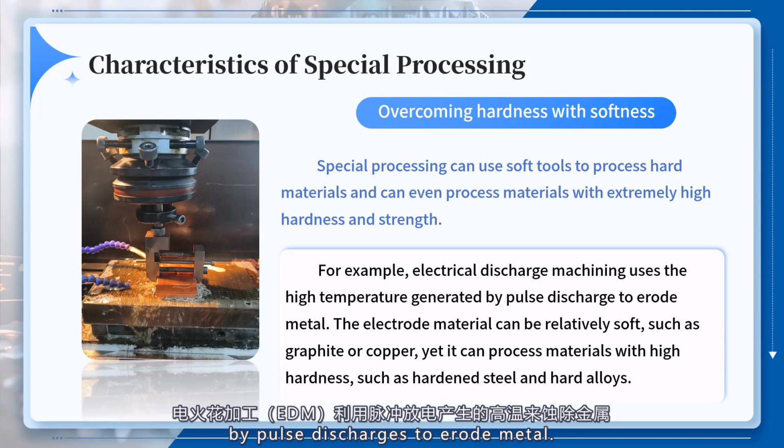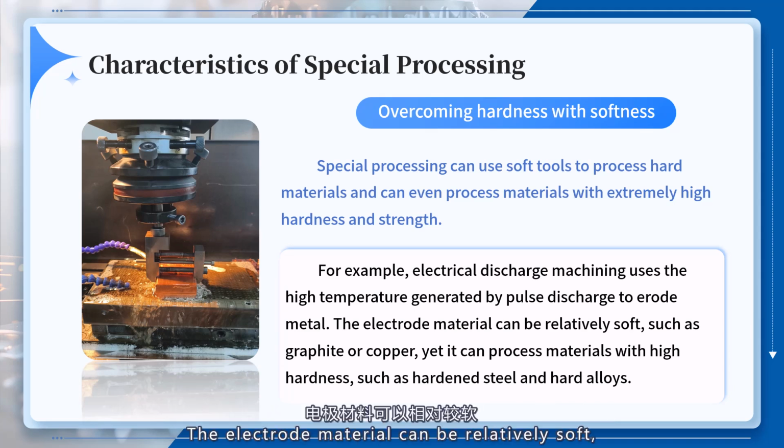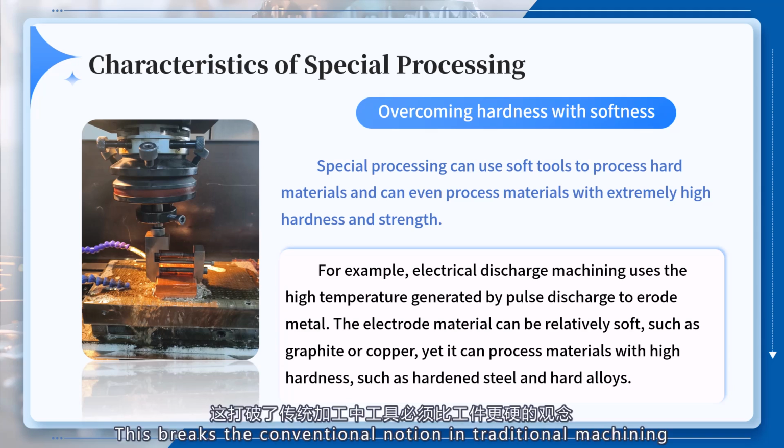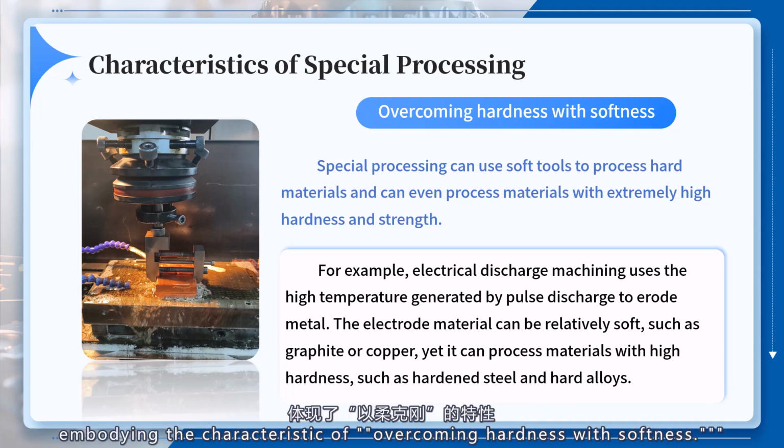The electrode material can be relatively soft, such as graphite or copper, yet it can machine materials with high hardness, like hardened steel and hard alloys. This breaks the conventional notion in traditional machining that the tool must be harder than the workpiece, embodying the characteristic of overcoming hardness with softness.